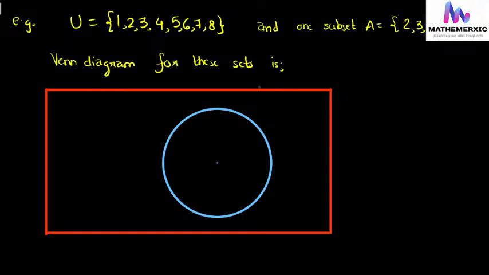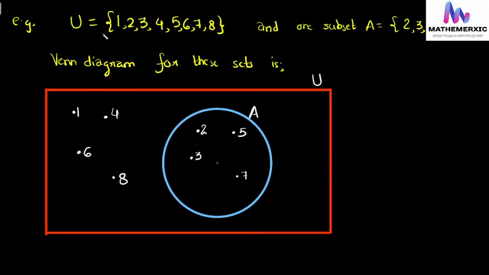So we have here U and E. 2 is there, 5 is there, 3, 7, and 1. So 2, 3, 5, 7 inside, and 1, 4, 6 and 8 we are keeping outside here.